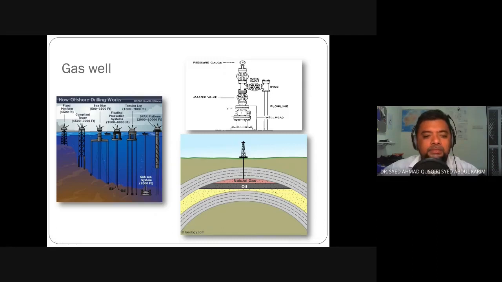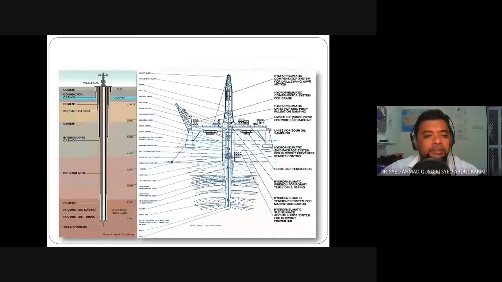The system depends on how deep they actually need to dig. These are some of the connections being made at the wellhead, and this is the operation of extracting natural gas on land. Okay, a bit more detailed.